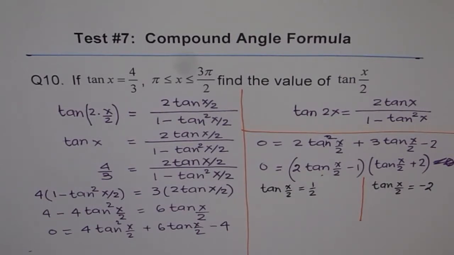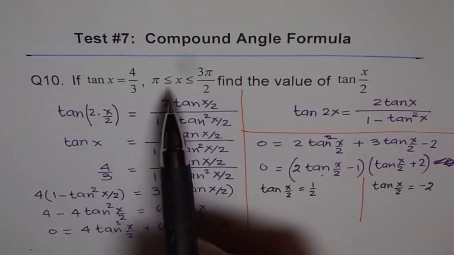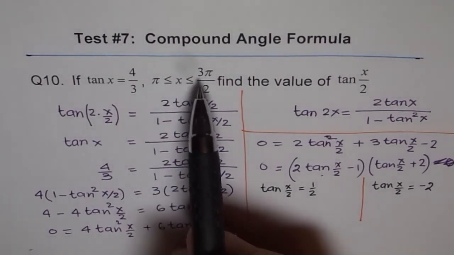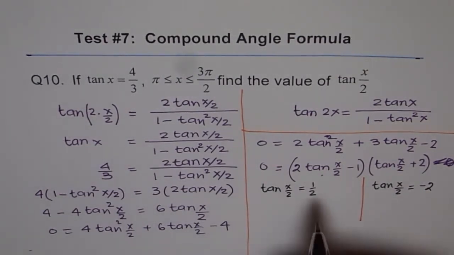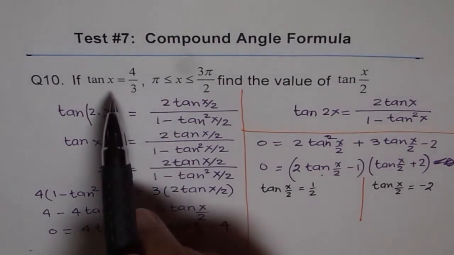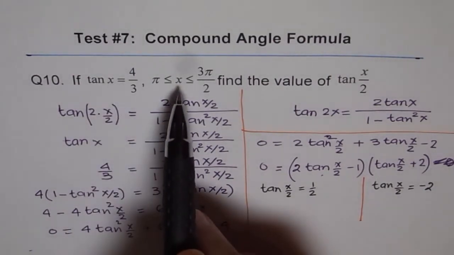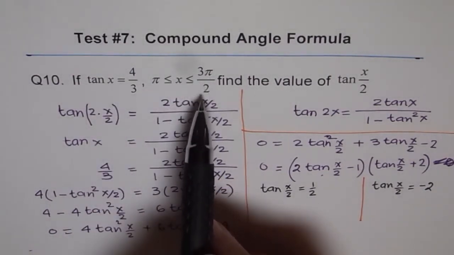Now let's look into the domain. What value of x are we looking for here? When we say that x is between pi and 3 pi by 2, where is x by 2? That is what is important for us to understand. Our domain given to us for tan x is that x is between pi and 3 pi by 2.